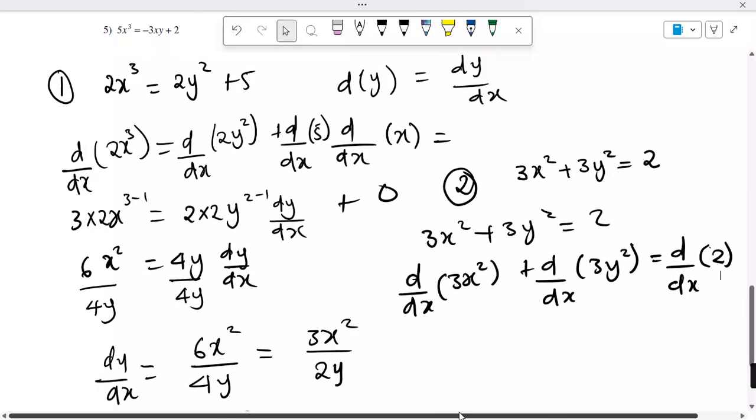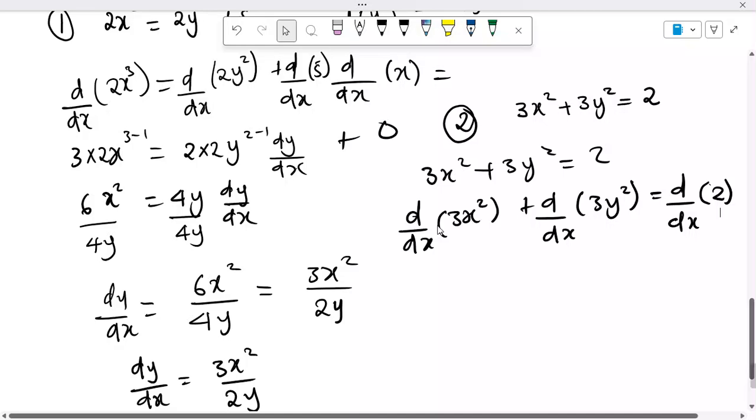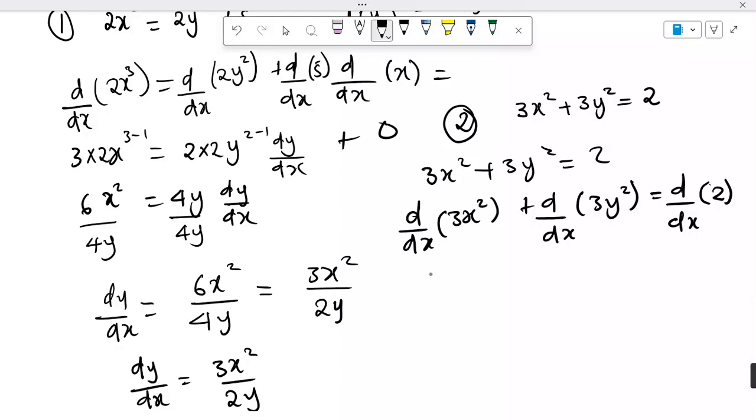Okay, so the first term, we are differentiating with respect to x, and it's an x term, so we don't write anything, we just drop the power. So we say 3, the power here is 2, so we drop the 2, then x to the power 2 minus 1. Plus, same applies here, we drop the power, so it will be 3 multiplied by 2y to the power 2 minus 1.